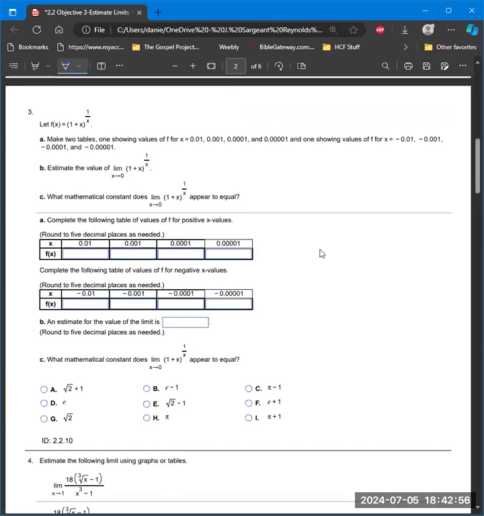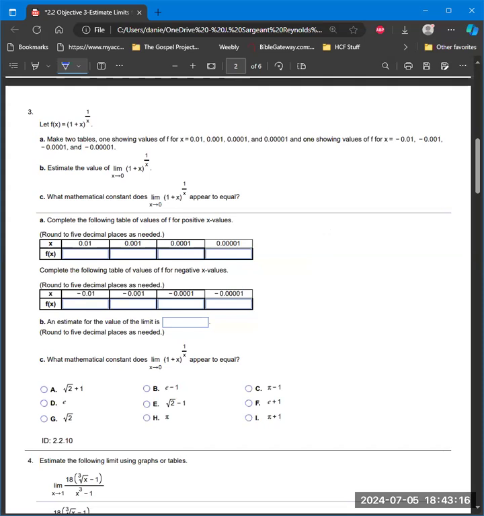Ooh, this is a fun one. All right. 1 plus x to the 1 over x. And we're going to get close to 0 from the left and the right and see what happens here.